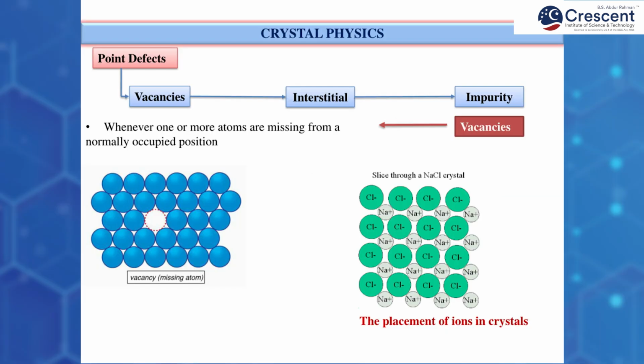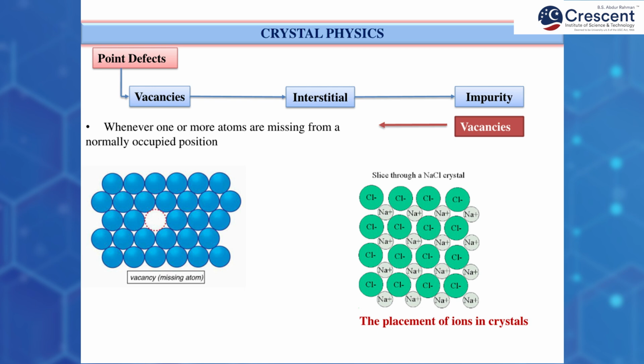In a regular array of atoms, there may be a missing atom in the regular crystal structure, which is called a vacancy. In an interstitial, the atom size may be very small, which can occupy the void space without affecting the regular crystal structure. Both are vacancy or interstitial.